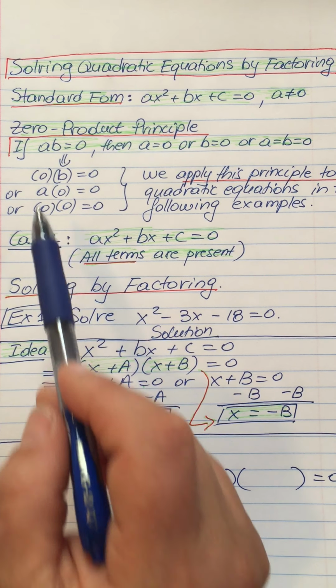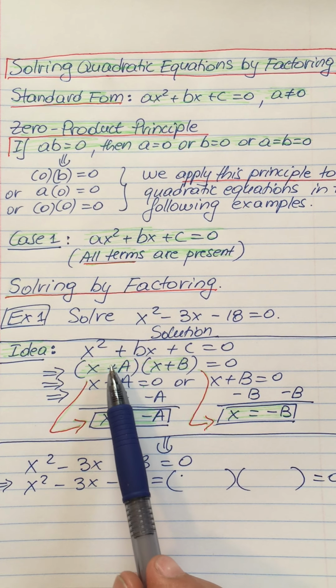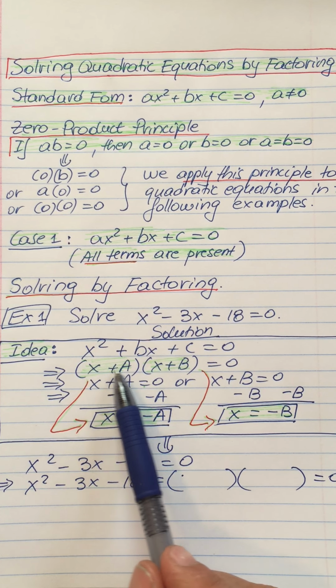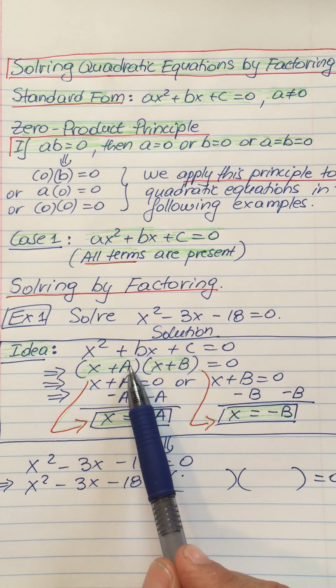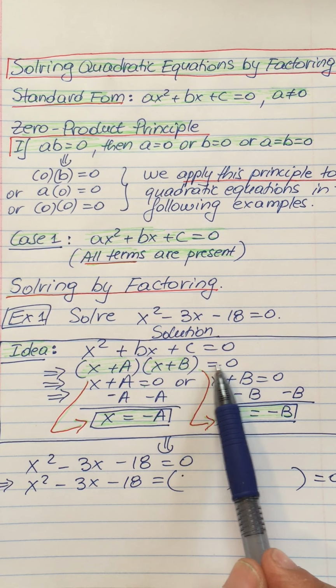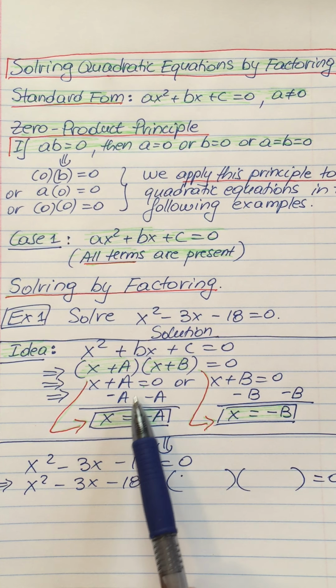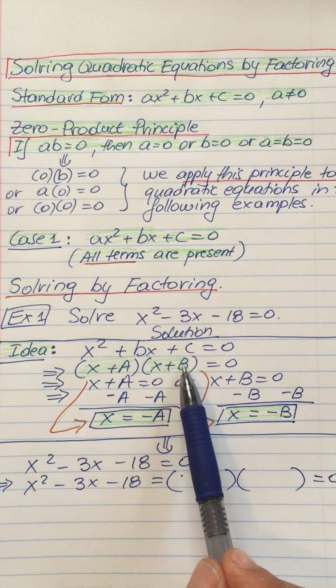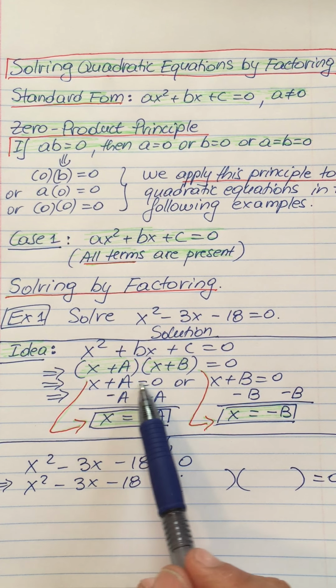Then we use the zero product principle, which states that if x plus a times x plus b is 0, then x plus a may be 0, or x plus b may be 0. So here we are setting each factor equal to 0.